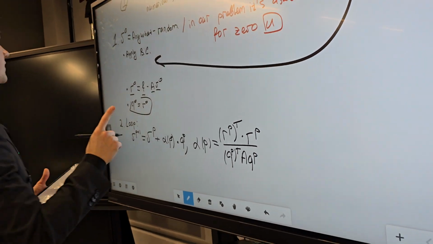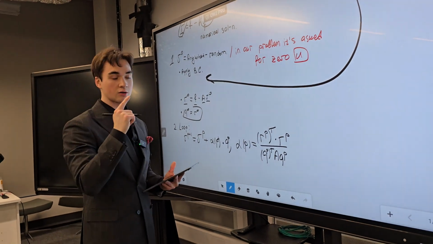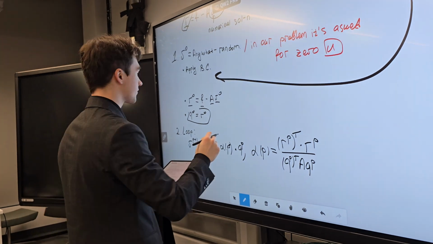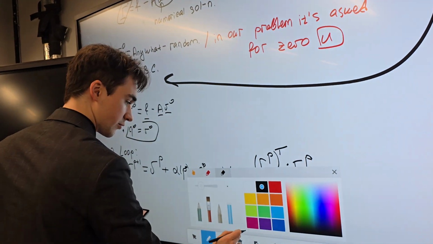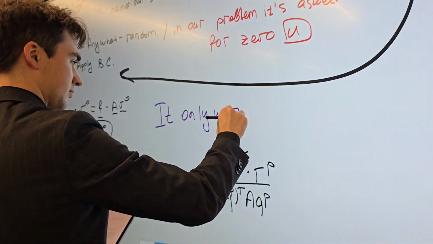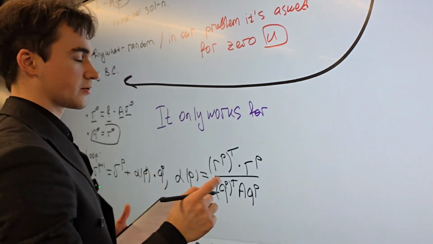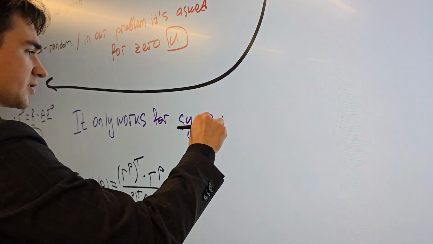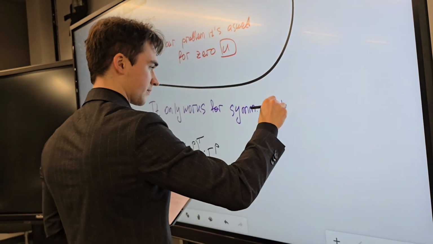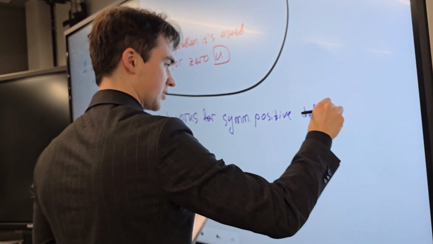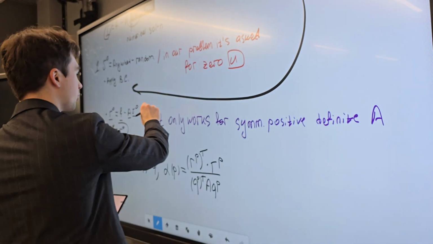And I forgot to say that our algorithm, the conjugate gradient method, only works for a symmetric positive definite A. It's very important.